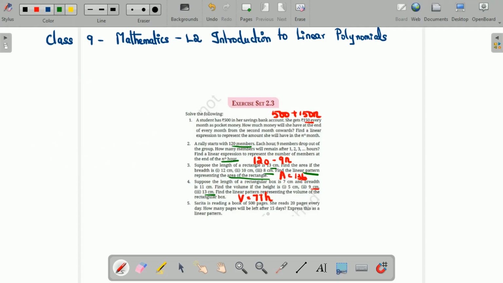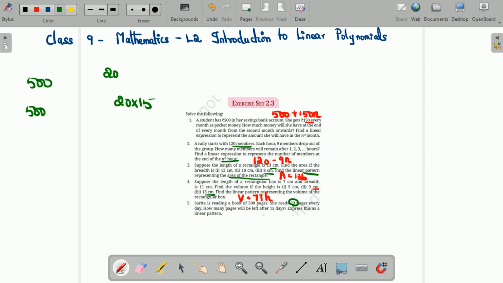Now let's move on to the last question. Sarita is reading a book of 500 pages. She reads 20 pages a day. So per day her reading count is 20. How many pages will be left after 15 days? See, the number of pages to start with is 500. Remember the number of pages she would have finished after 15 days will be 20 into 15, because one day she reads 20 pages.